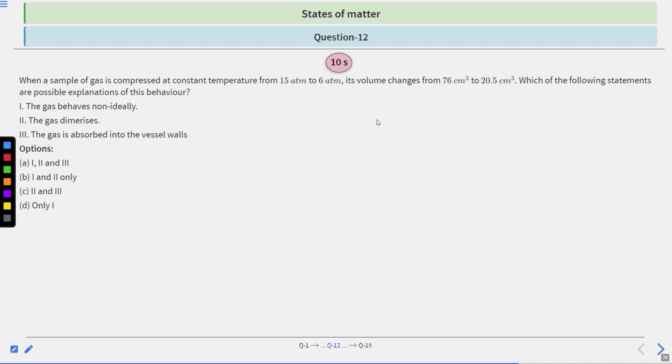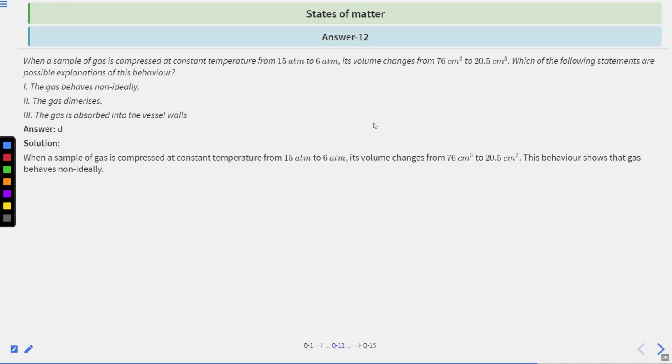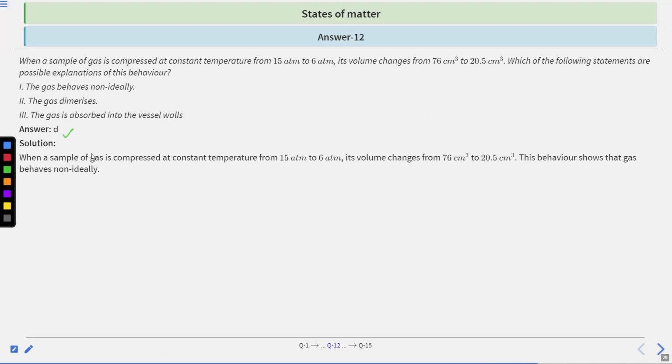So you have 10 seconds to solve this question. After that, we will see the answer. Okay, so the correct answer will be option number D. When a sample of gas is compressed at a constant temperature from 15 atmosphere to 6 atmosphere, its volume changes from 76 centimeter cube to 20.5 centimeter cube.